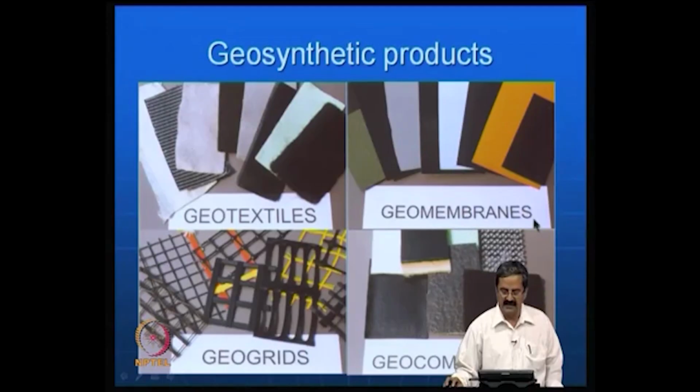Then geomembranes, for example. You do not want the permeability of the soil to give you trouble, you would like to avoid seepage. So, you can use geomembranes, which are nothing but plastic membranes.